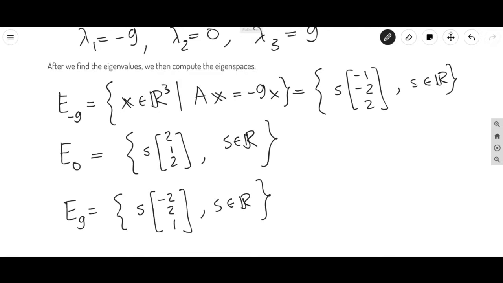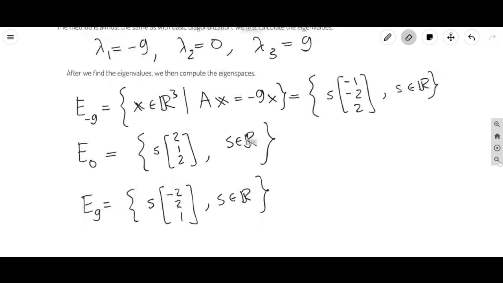And then you can pick any multiple you want. You could make S equal to 1, or -1, or 2, anything you want, but you're going to pick the multiple in such a way that the vector comes out normalized. You want this to be a normalized vector, so you really have to find the length of the vector.